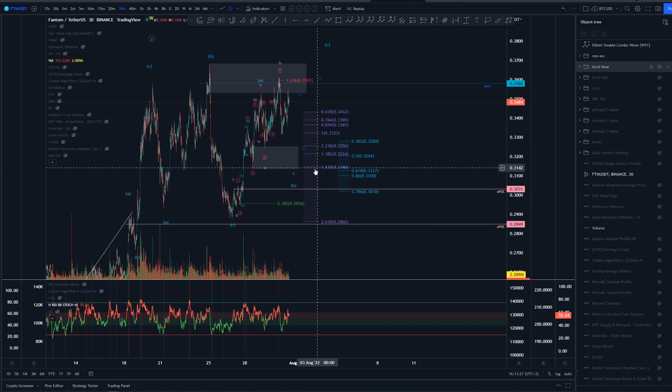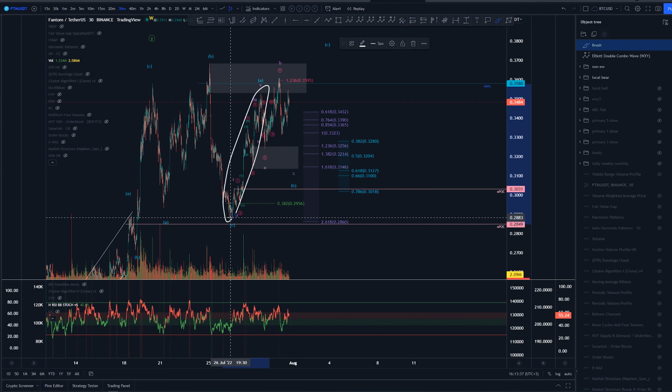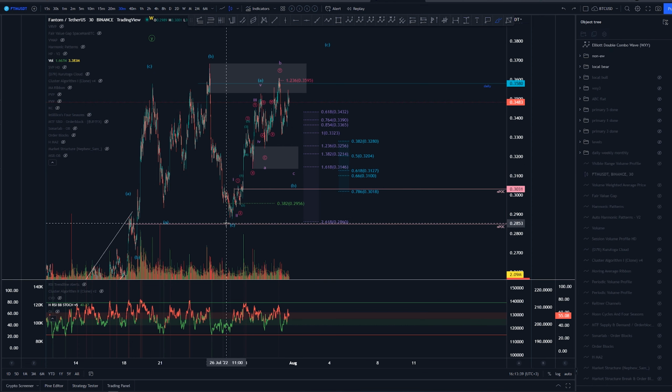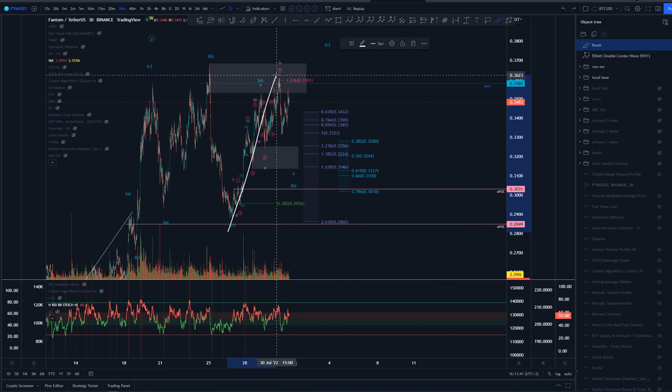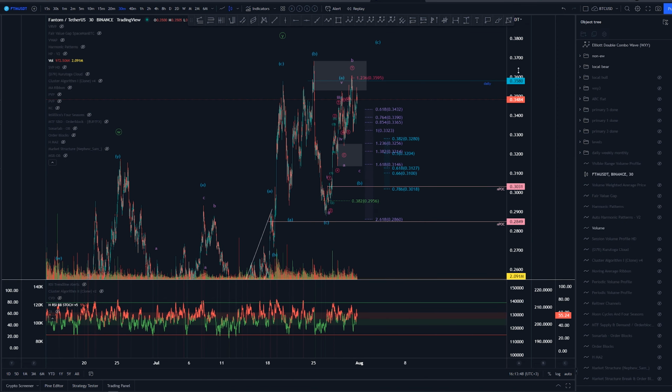I don't really expect it to go beyond this 1.618. If it does, then I would be almost looking into some other possibilities, and maybe I got the labeling wrong in here. And then we would be possibly looking into 1 and 2, if that happens to be that golden pocket. But we'll see what happens.